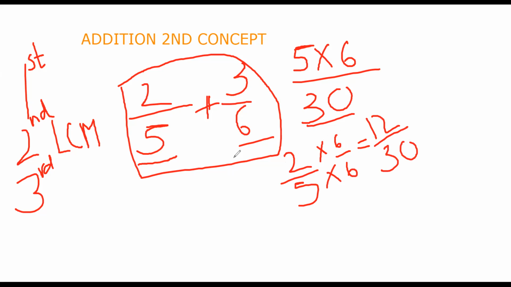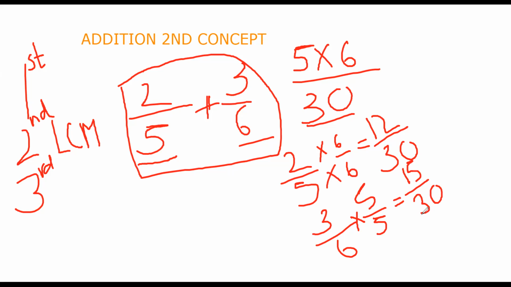Okay, and when we have the second number, which is 3 by 6, we'll multiply them by 5. Then we'll get 5 by 5, and when we multiply them, we'll get 15 by 30. And so the third step is also complete.